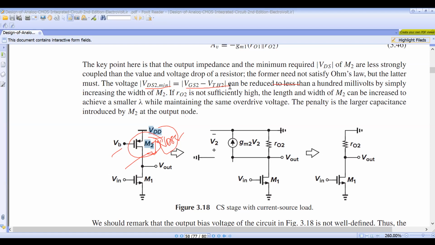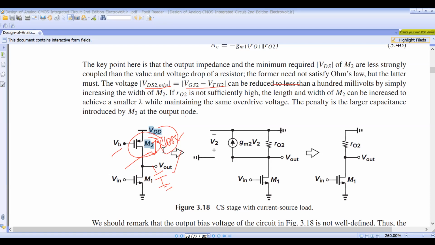So whenever the width of a layer is more, the area becomes more and the capacitance becomes more. So the parasitic capacitance at this output load point becomes more and more because of W sizing.